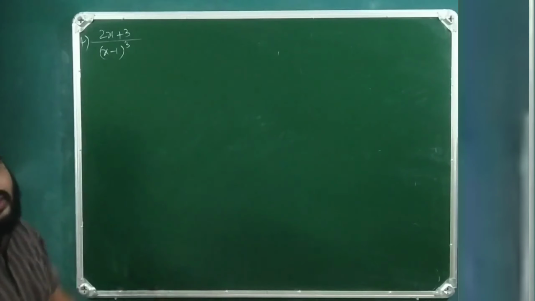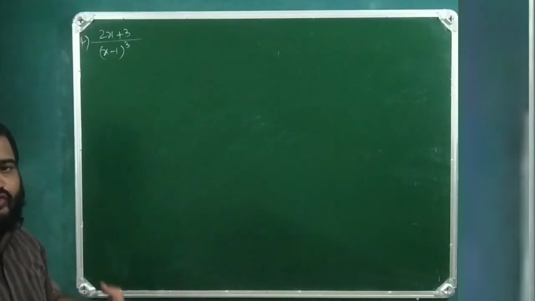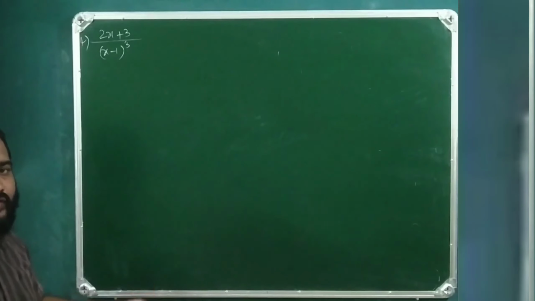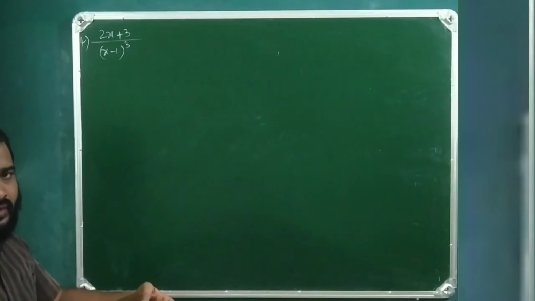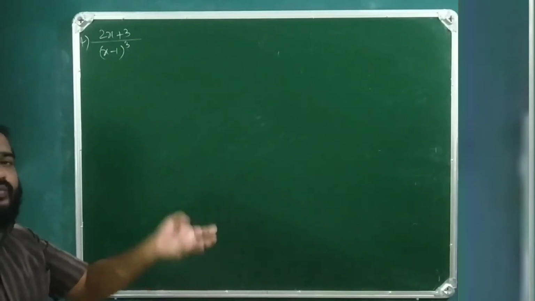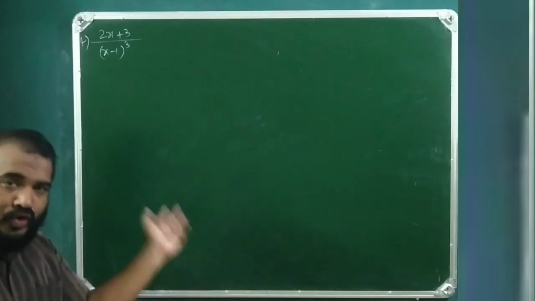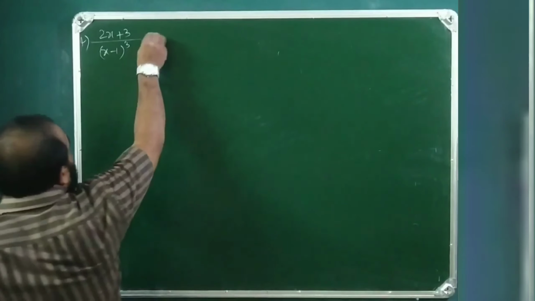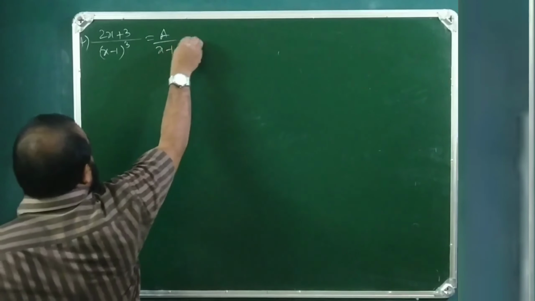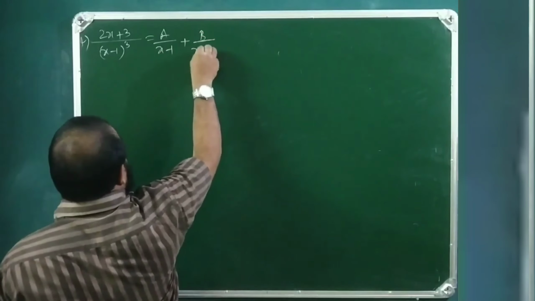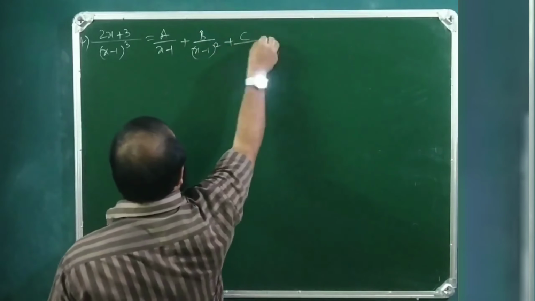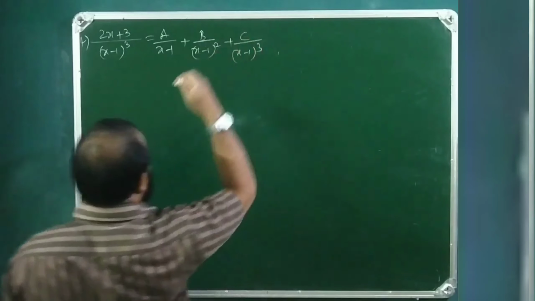So for every repeated linear factor there corresponds a partial fraction of the form A by ax plus b, B by ax plus b whole square, C by ax plus b whole cube, etc. So here A by x minus 1 plus B by x minus 1 whole square plus C by x minus 1 whole cube.